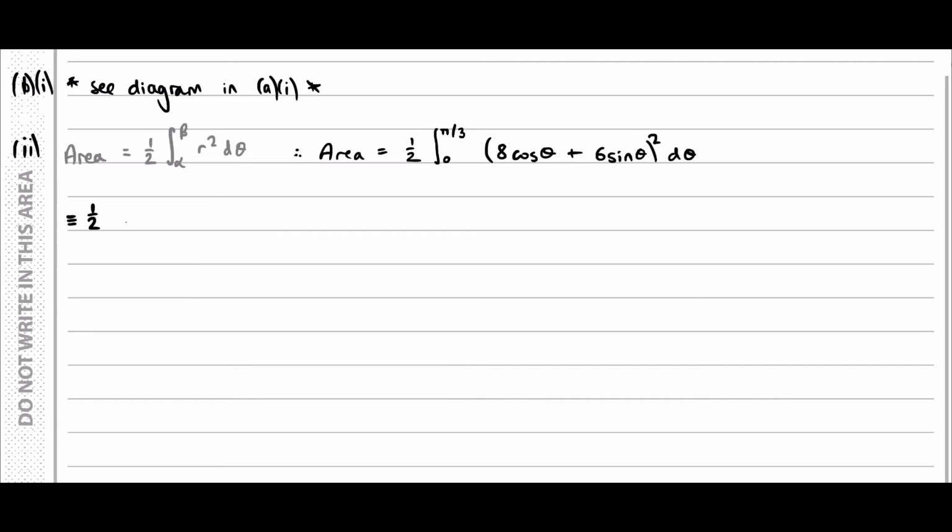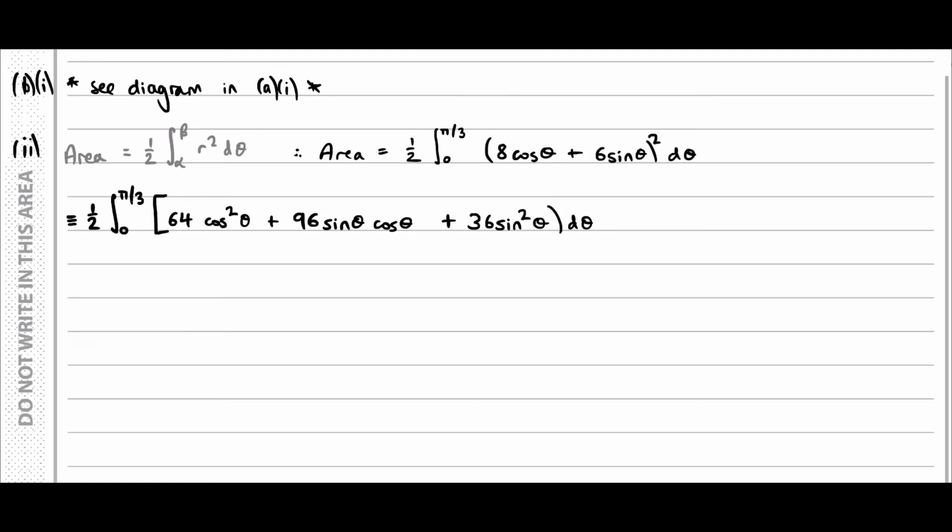We have a half times the integral from 0 to pi over 3. Squaring out this entire bracket, we have 64 cos squared theta plus 96 sine theta cos theta plus 36 sine squared theta d theta.